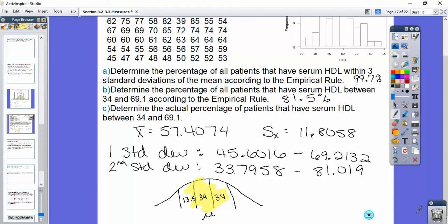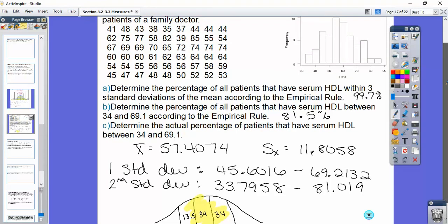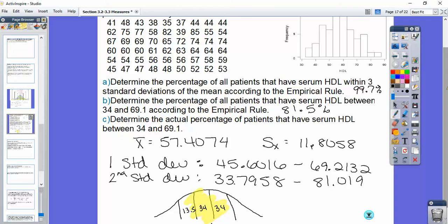C, determine the actual percentage of patients. So it's wanting me to look at the data we actually saw and figuring out how many patients fell between 34 and 69.1. So there are 54 of them. I'm just going to mark off the ones that don't.